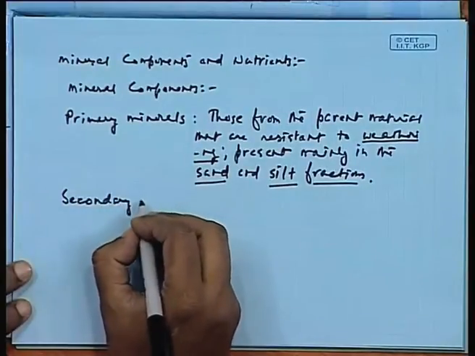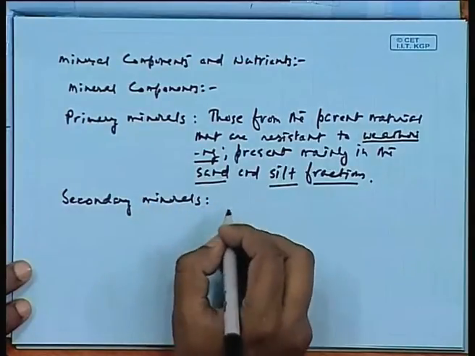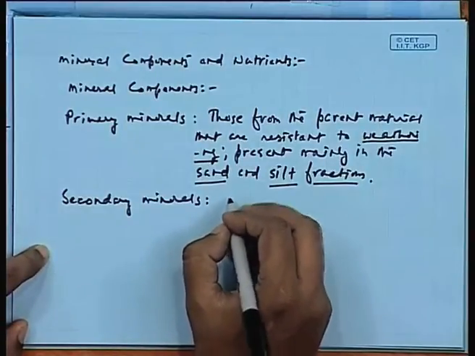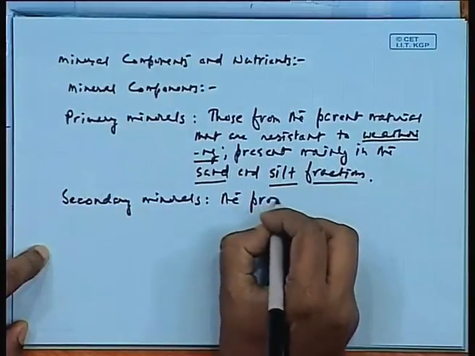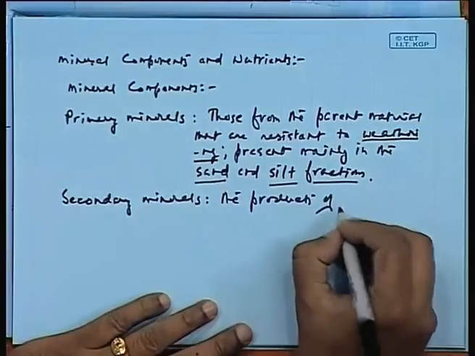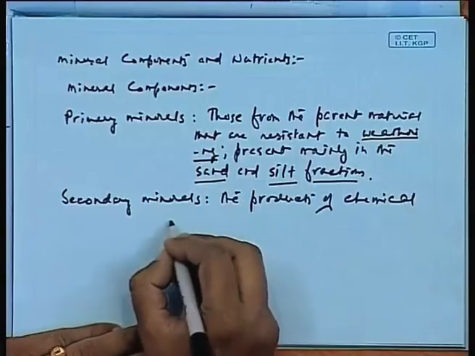As I have said, the plants cannot take anything in the form of solid. It has to be in the dissolved state. And this is what the products of chemical weathering are.